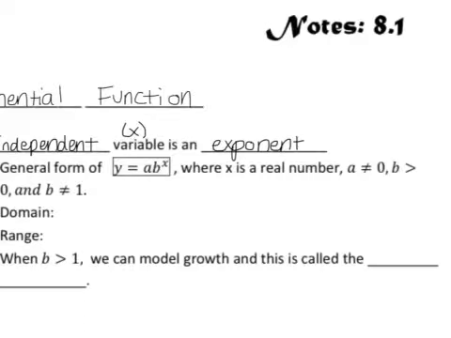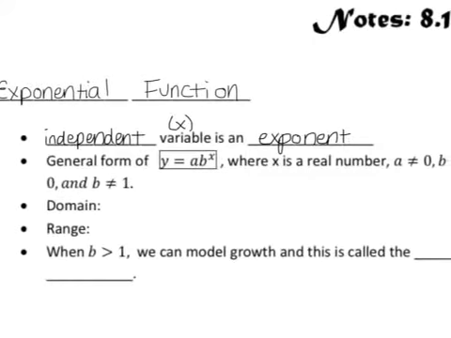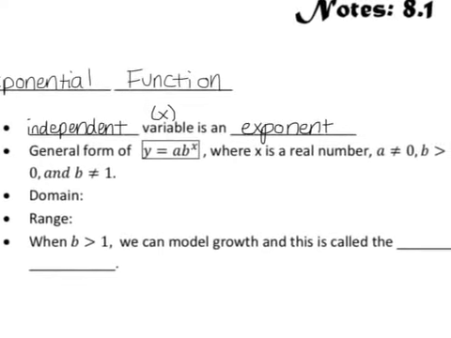Okay, X has to be a real number. A cannot equal 0. B has to be greater than 0, so B has to be positive. And B cannot be 1. So there's lots of little stipulations here about A and B. B could be between 0 and 1. It could be like a half. Or you'll deal with some of those.